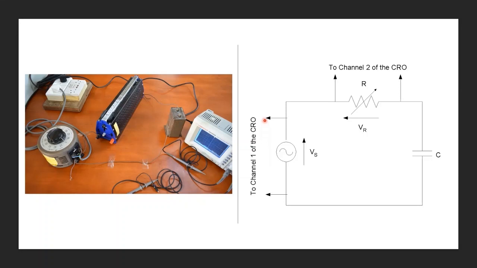Channel 1 is connected to one terminal of the variac, while channel 2 is connected to the rheostat. The point which is common to both the variac and rheostat is connected to one round clip.